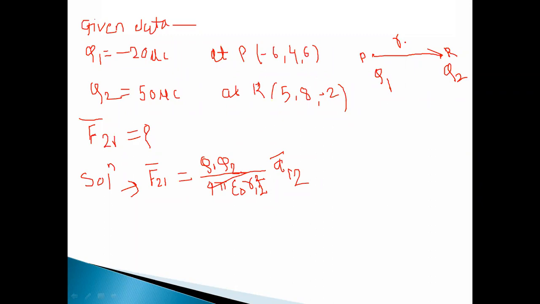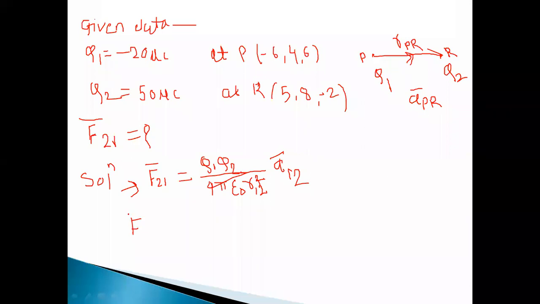This distance is R P R, and your unit vector is in this direction, so the unit vector is also A bar P R. Because the force is acting on charge Q2, and we are going from P to R. So this distance is R P R and the unit vector is also A bar P R. Therefore, we have to first write this formula in this form only.